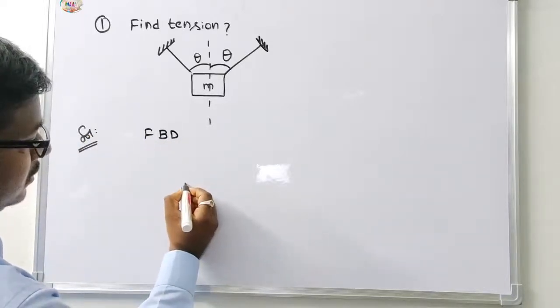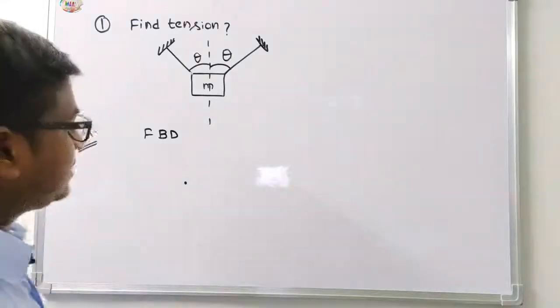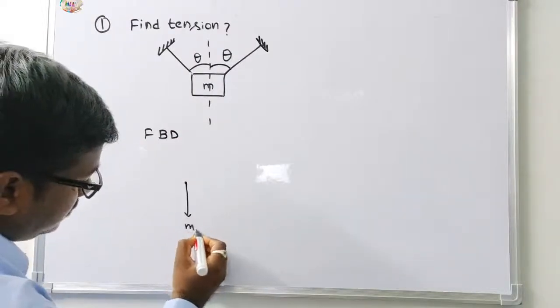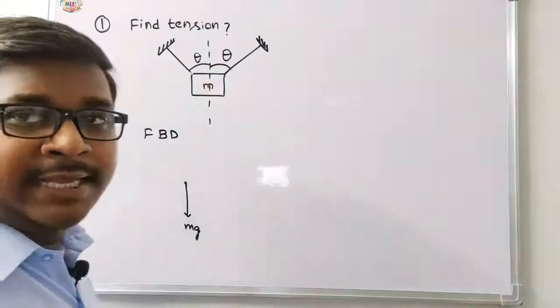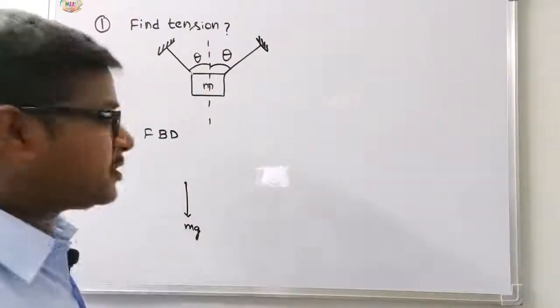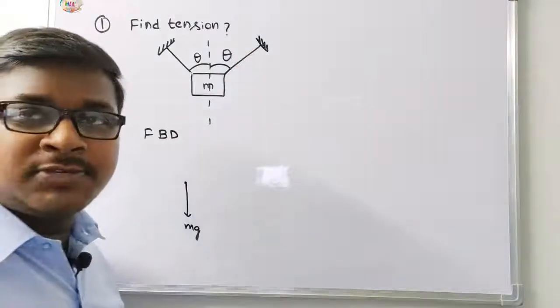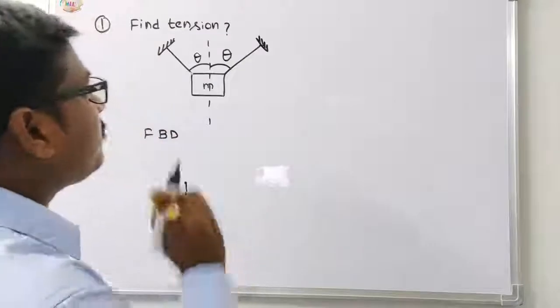Okay, this is the block. First identify the block, or system, or mass. Mg is acting in the downward direction, that is the gravitational force, always acting downward. One force is exerted along the string, along the rope or wire.